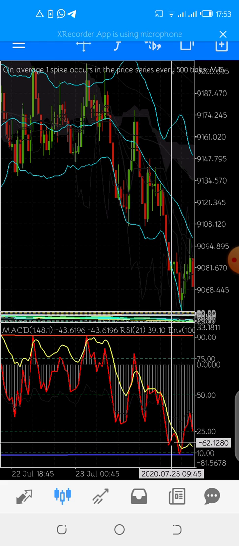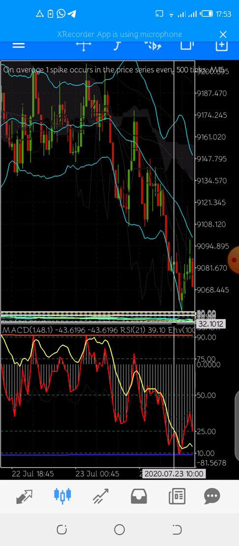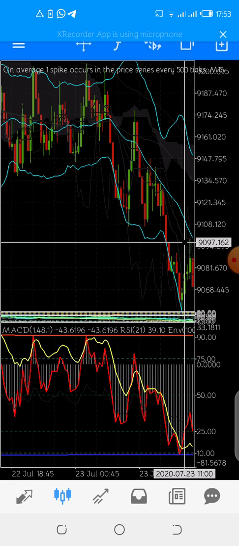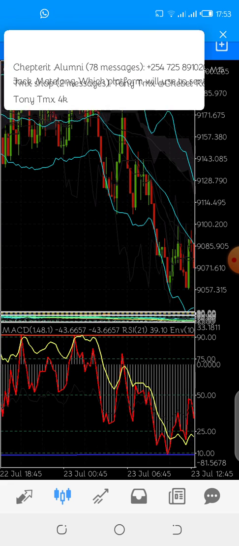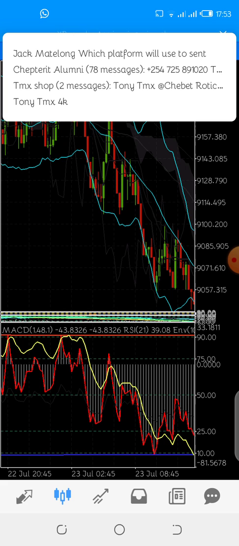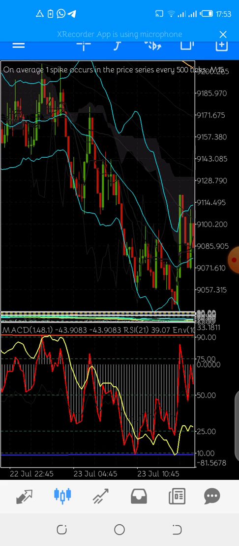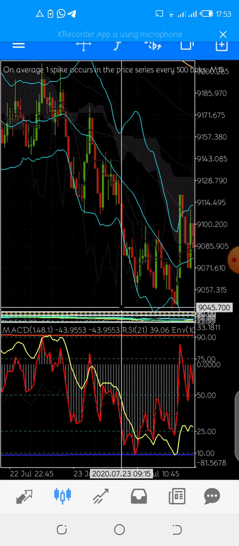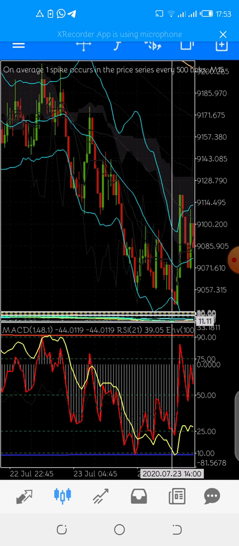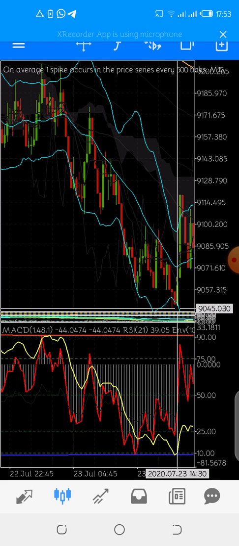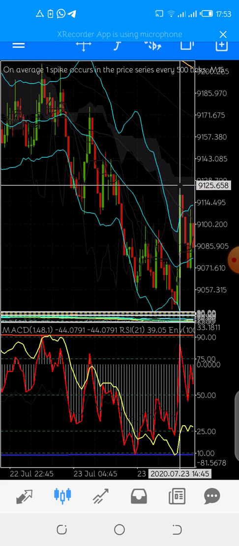Check down here, it was a valid trade, a few pips here. After the few pips, it came again like this. The second time it was retesting the lower Bollinger Band, and this time around there were other pips in place.